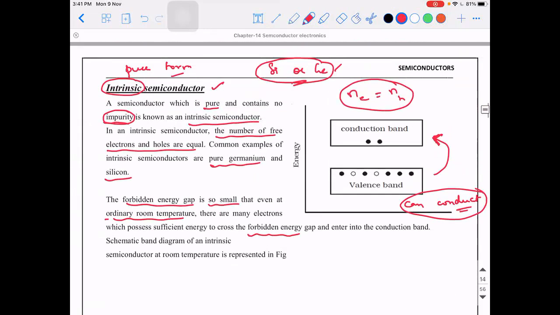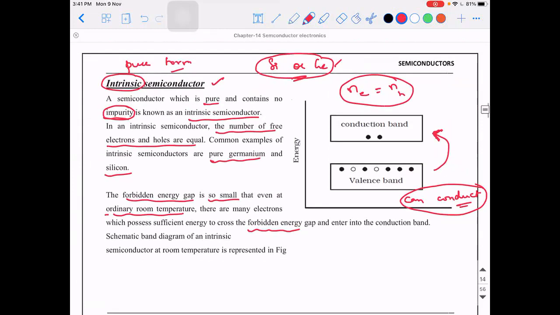But there is a disadvantage with it. Though it has the capacity to conduct, the process of conduction will not be that great because it cannot generate many free charge carriers at room temperature itself. So what we need to do is, depending on what type of charge carriers you want in excess.